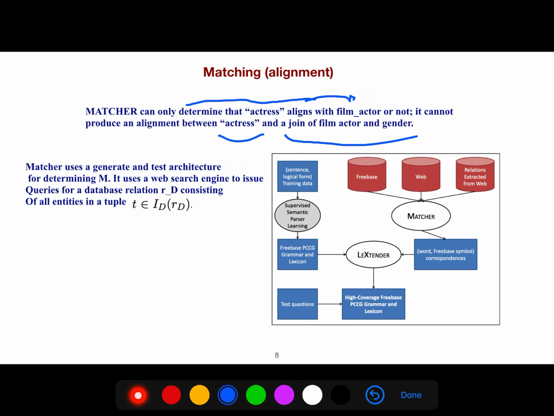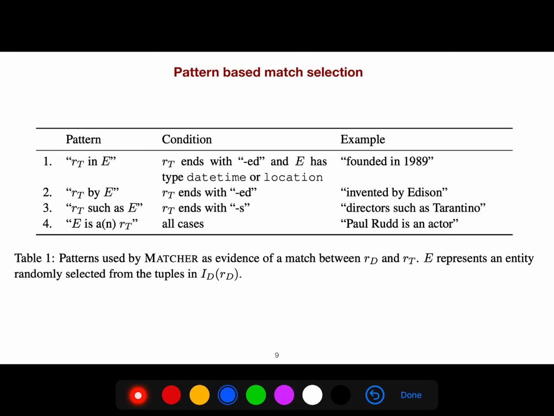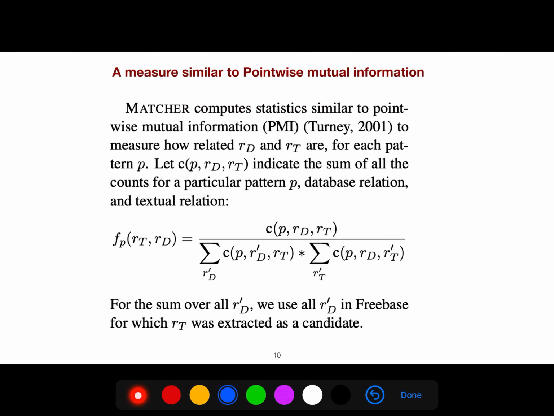It uses a web search engine to issue queries for a database relation. And there are some patterns, pattern-based match selection. For example, you can use these templates and, for example, found in 1980, some relations in E, so it ends up with ED.